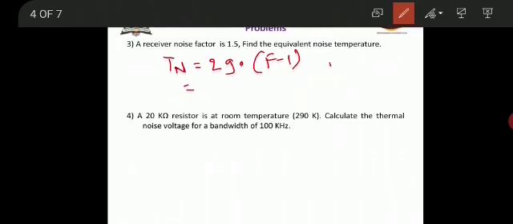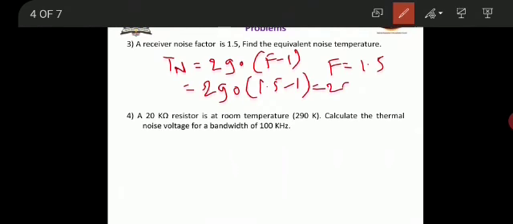Just substitute the value of F, the noise factor, which is given in the problem. So you substitute 290 into 1.5 minus 1. This becomes 290 into 0.5. If you multiply 290 into 0.5, it is 145 degree Kelvin.